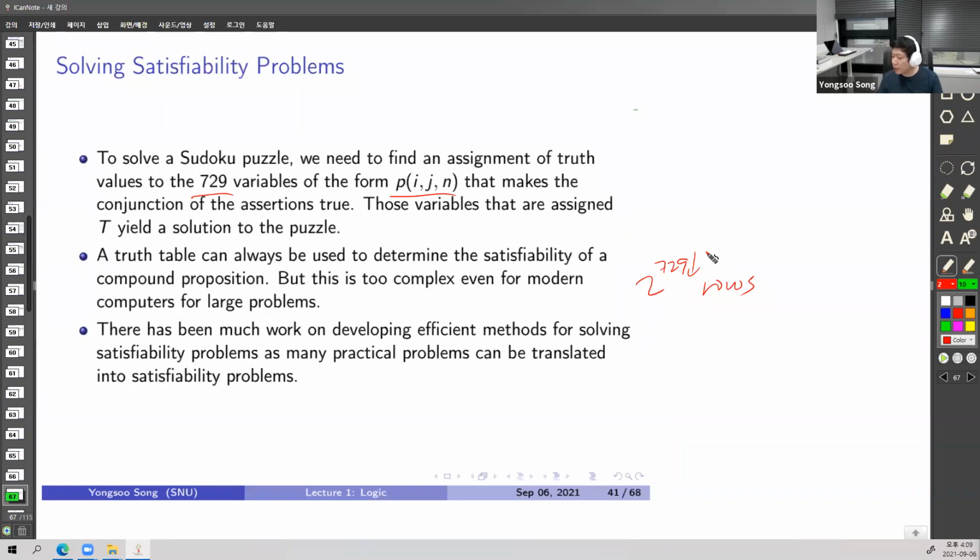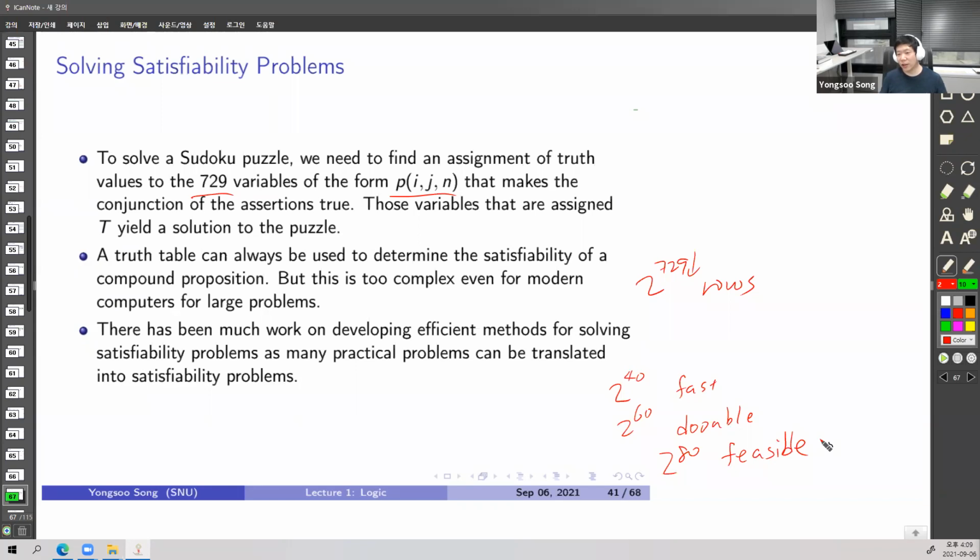In modern computer science, we say that a computation of something like 2 to the 40 can be done very fast. 2 to the 60 is kind of doable. 2 to the 80 is kind of feasible.